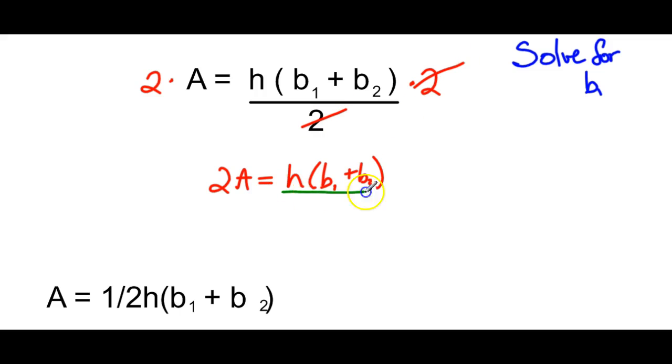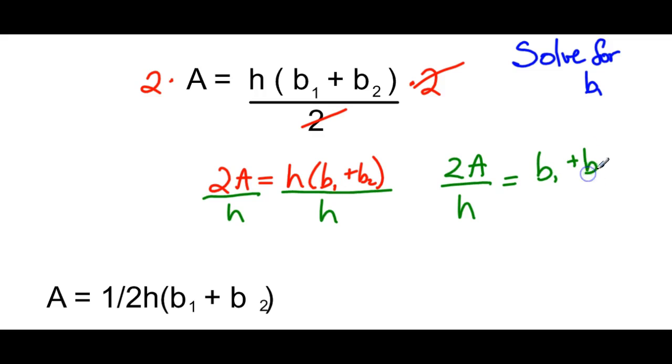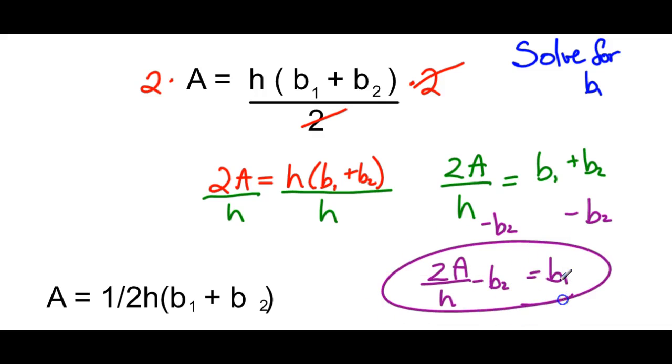The next thing I'm going to do is divide both sides by h. That's going to give me 2a divided by h is equal to, now since the h is gone, the parentheses no longer have to be there, b1 plus b2. And then I'm going to subtract b2 from both sides. Again, I can't put these together. They're not like terms. So I have 2a divided by h minus b2 is equal to b1. And there it is, solved for b1.